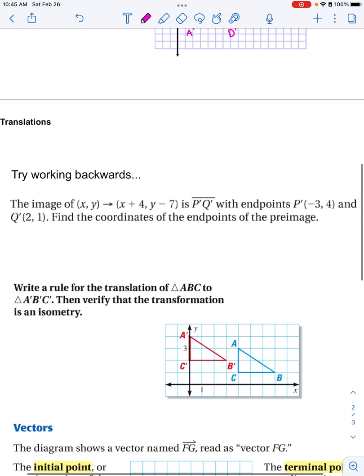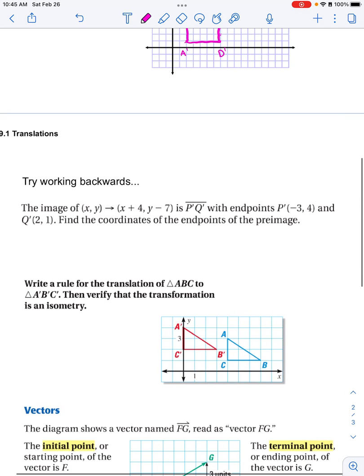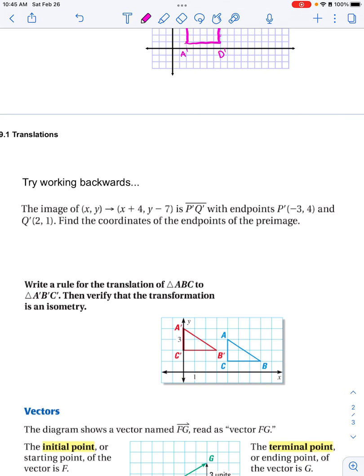If we work backwards, the image of (x, y) under x plus 4, y minus 7 is P prime, Q prime with endpoints negative 3, 4 and 2, 1. Find the coordinates of the endpoints of the preimage. So I'm going to work backwards. Instead of adding 4, I'm going to subtract 4, and instead of subtracting 7, I'm going to add 7, because this is already what has happened.